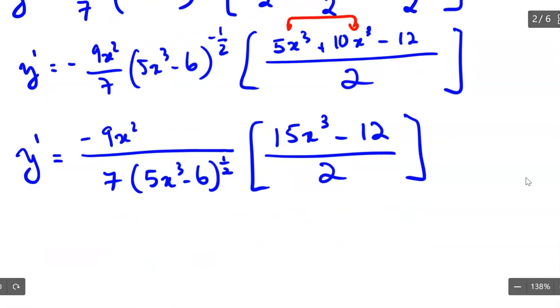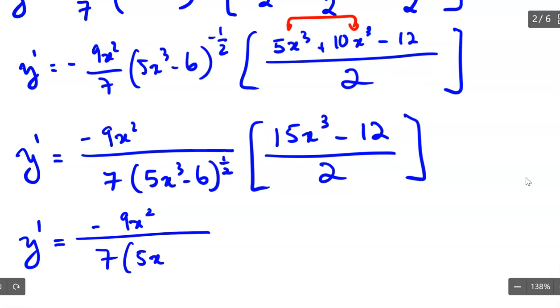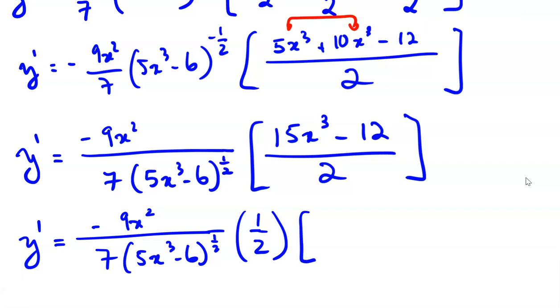And basically, here is what happened. 5x cubed minus 6 to the half. This I can take out the half. Okay, and inside the bracket, if you already take out the half, you should have 15x cubed minus 12.